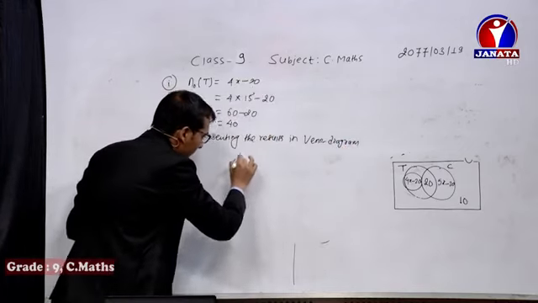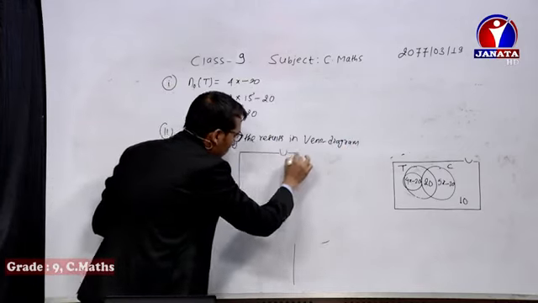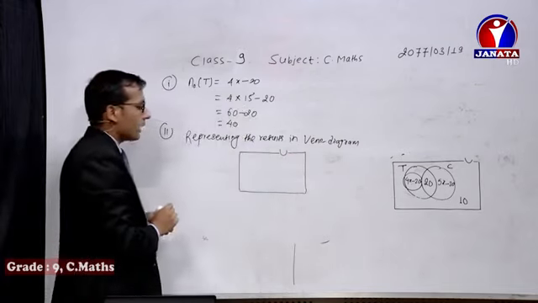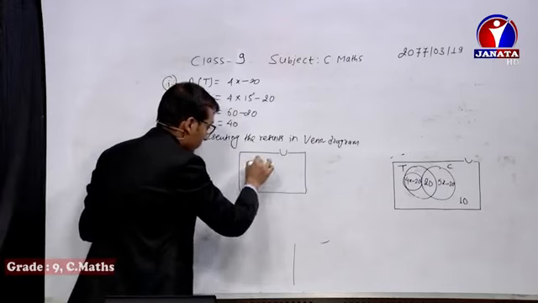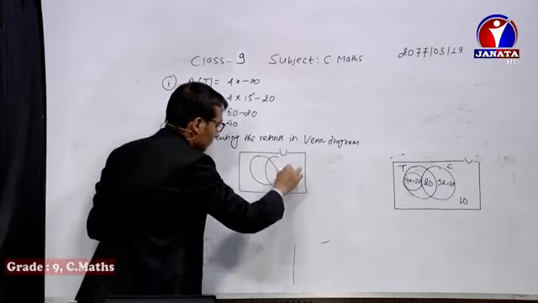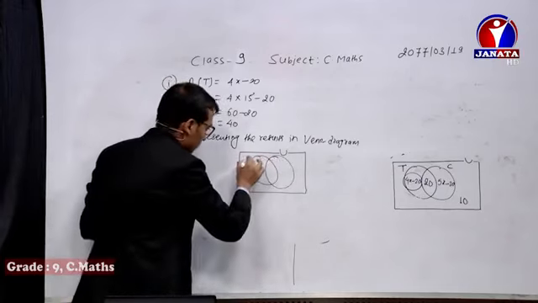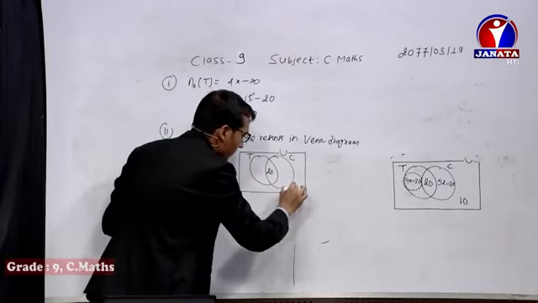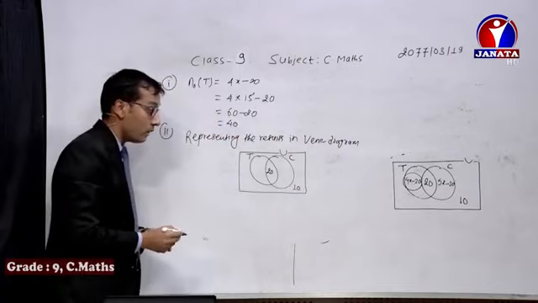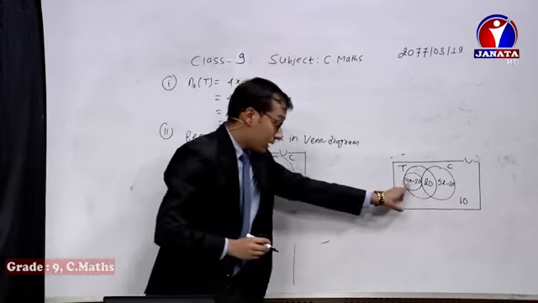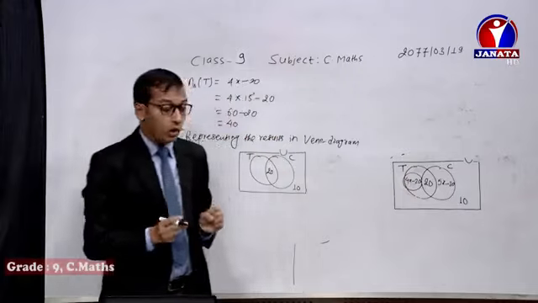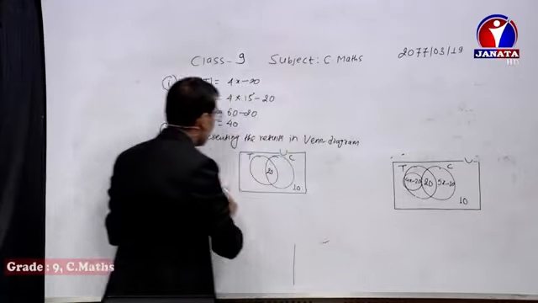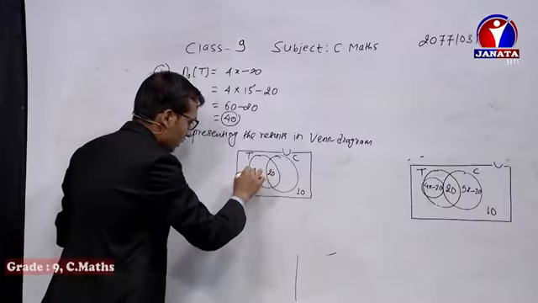Let's draw the diagram again to represent the results. For this, we can simply replace the value of x. So t and c, what is the intersection? It's 20, and the complement is a constant number, 10. Now put x in 4x minus 20 to find n only t. We have already solved it here, this is 40.